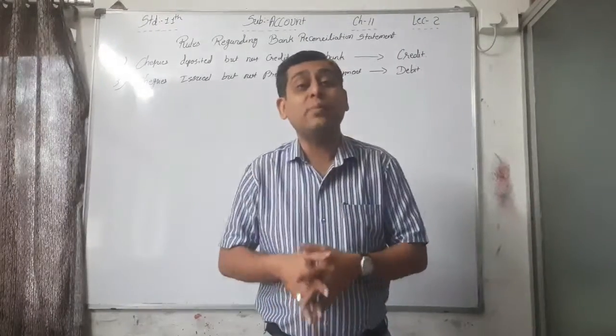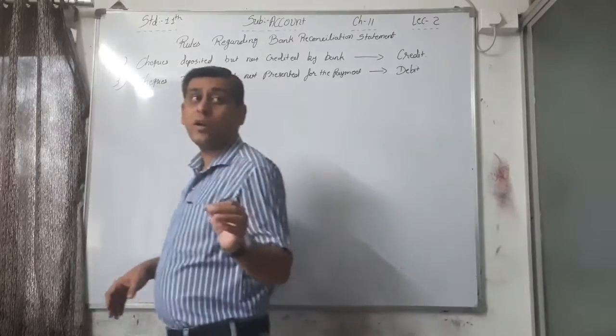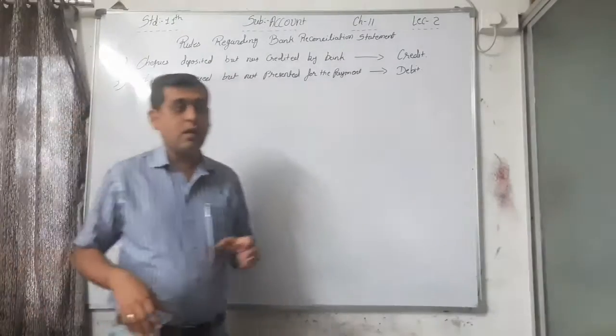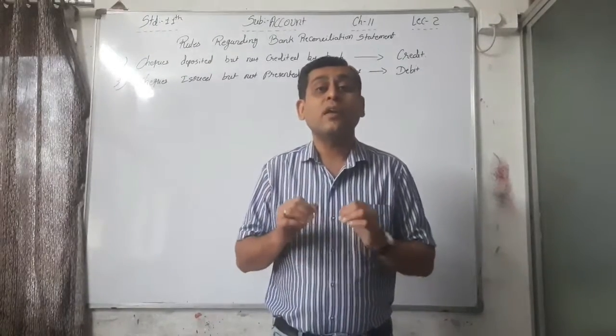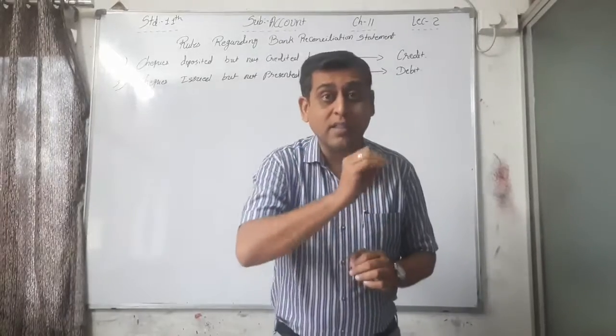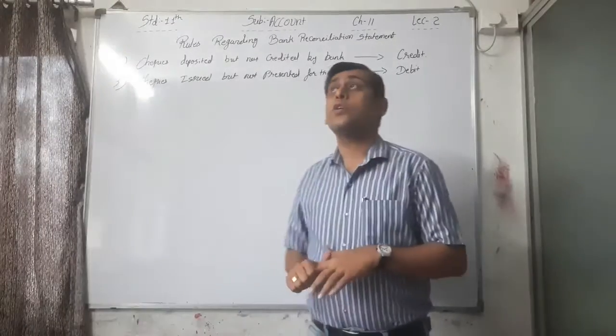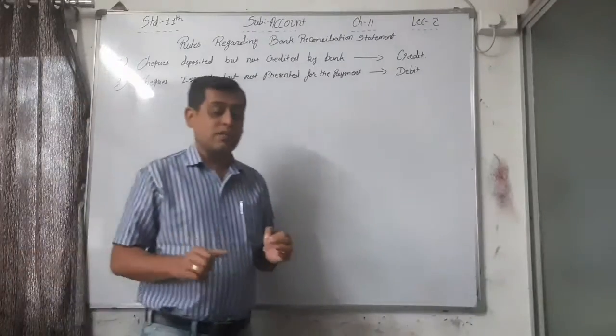I have to debit it, but I forgot to debit it. I have to debit it and record it in the account at the time of the depositing by the customer. Okay, so here you have to record it, just record it.